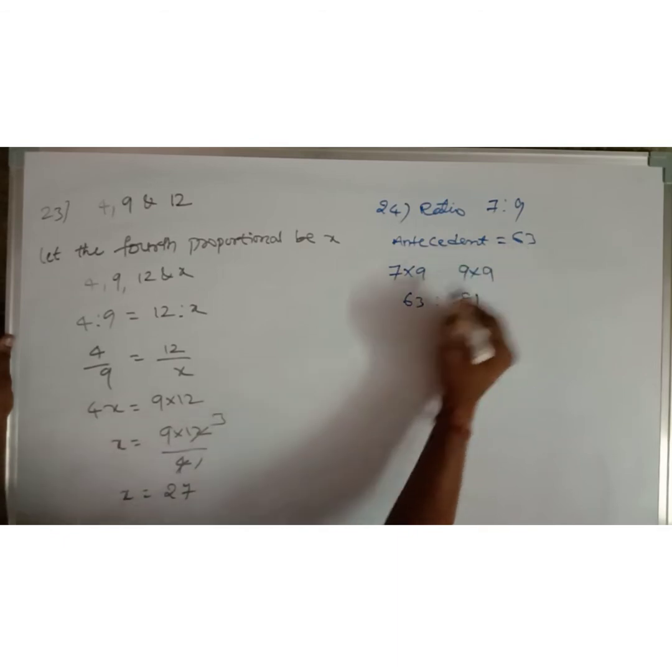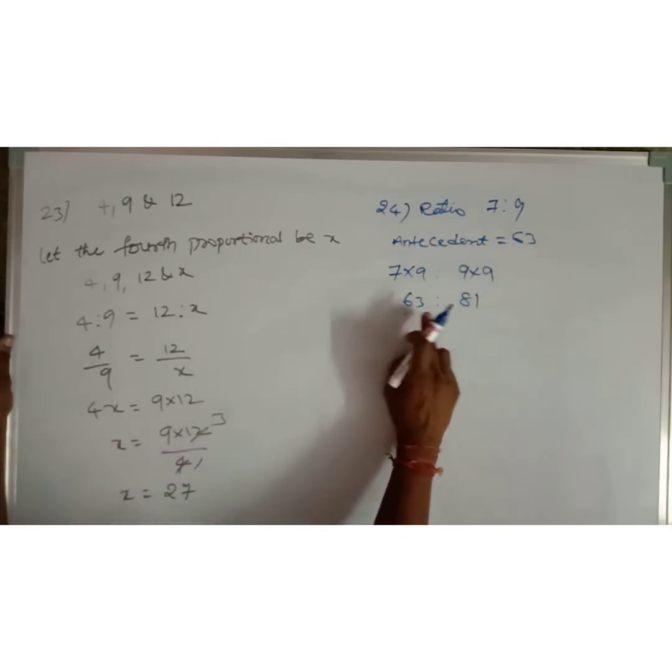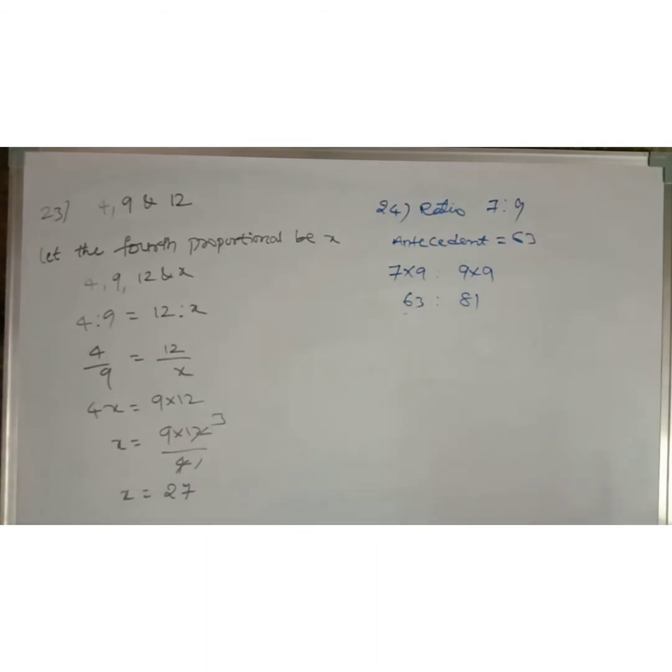So the first term, the antecedent, is 63, and the remaining will be 81. So the ratio is 63 is to 81. This is one shortcut method. The second method is to do it as the fourth proportional: take it as x, multiply and solve it, and you will get the x value. That will be the ratio.